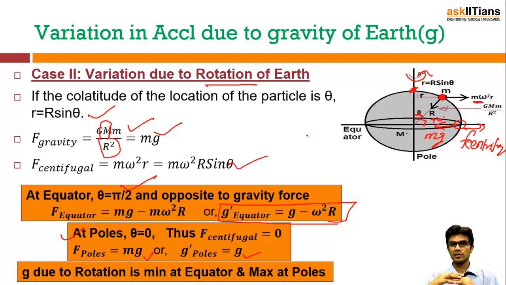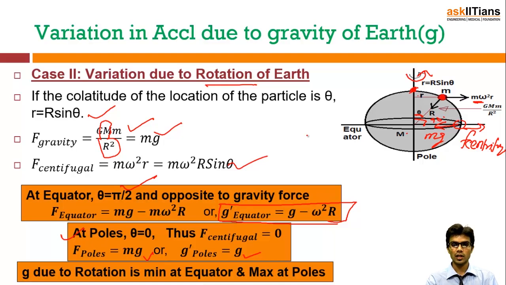And if we are considering rotation of the earth, then g is minimum at its equator and g is maximum at its poles because of the centrifugal force. And g dash equator is equal to g minus omega square R, where omega is the rotational velocity, angular velocity of the earth, and R is the radius of the earth, and g dash pole is equal to g.